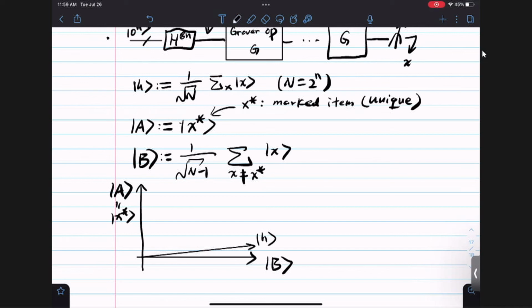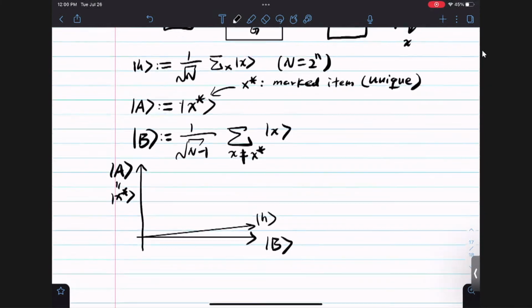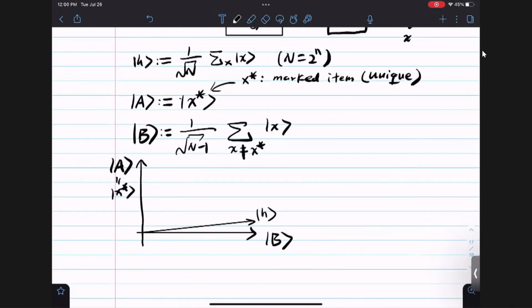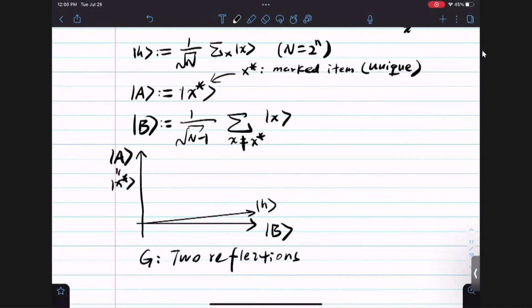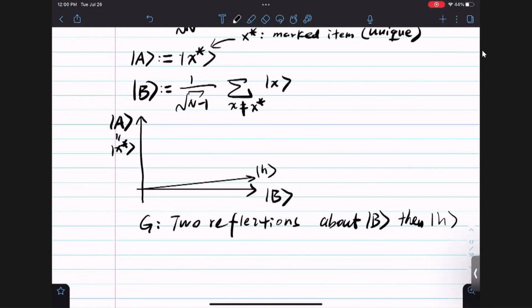So this Grover operator, what it does is it's 2 reflections. First, a reflection of H about B, and then by H itself. Okay?